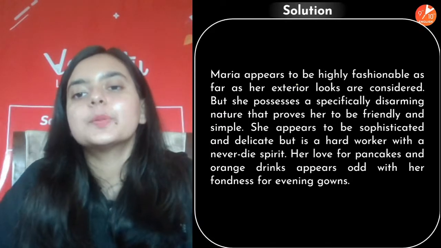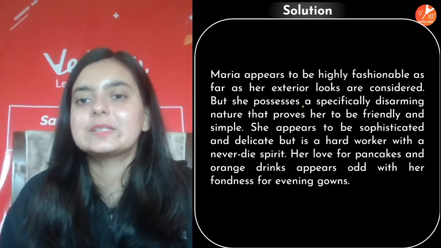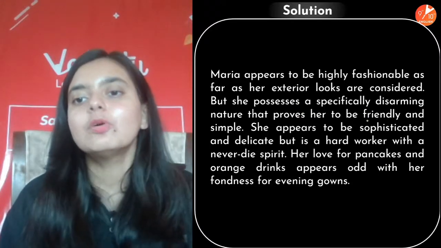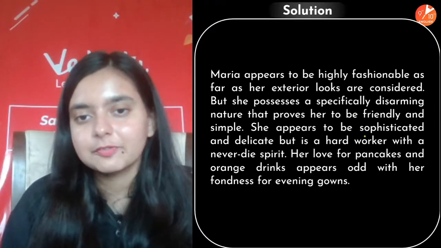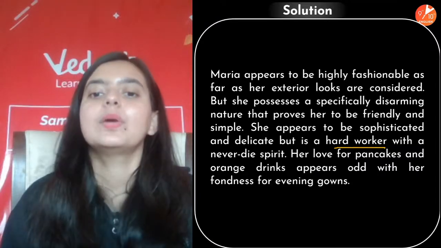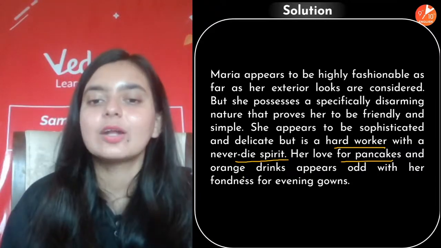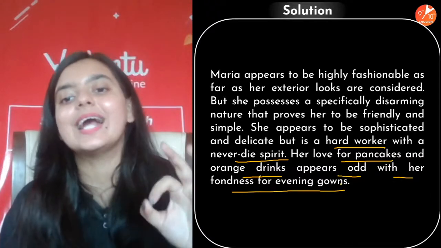Okay, so she appears to be highly fashionable as far as her exterior looks are concerned, but she possesses a specifically disarming nature that proves to be friendly and simple. Okay, she appears to be sophisticated and delicate, but is a hard worker with a never-die spirit. Her love for pancakes and orange drinks appears odd with her fondness for evening gowns.